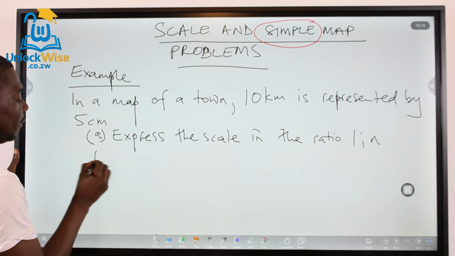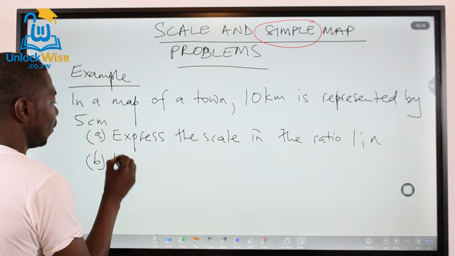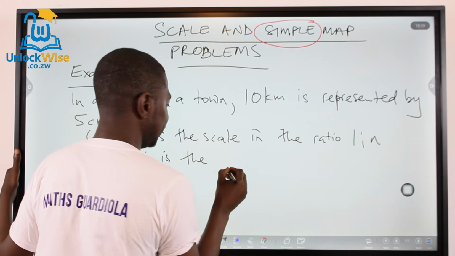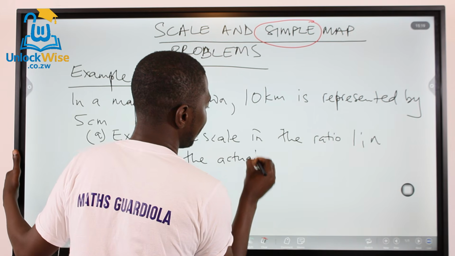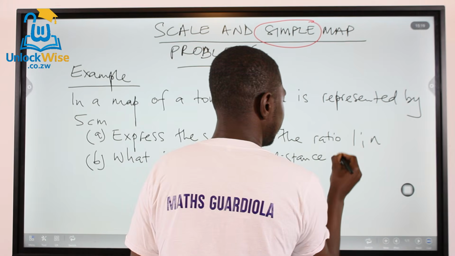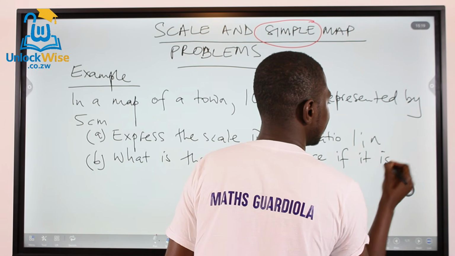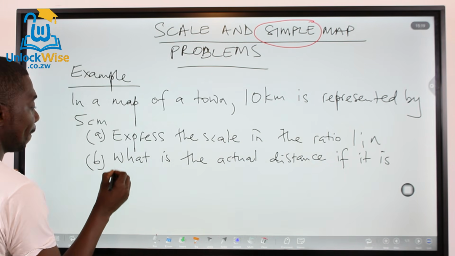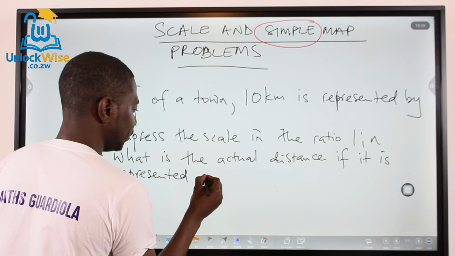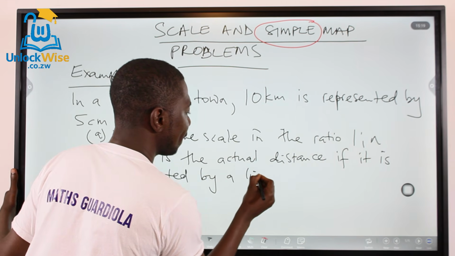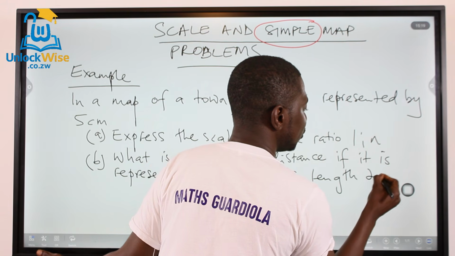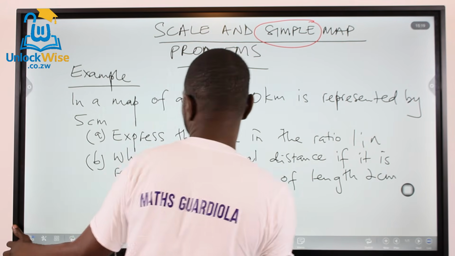That's our first question. And the follow-up question, what is the actual distance if it is represented by a line of length 2 centimeters on the map.